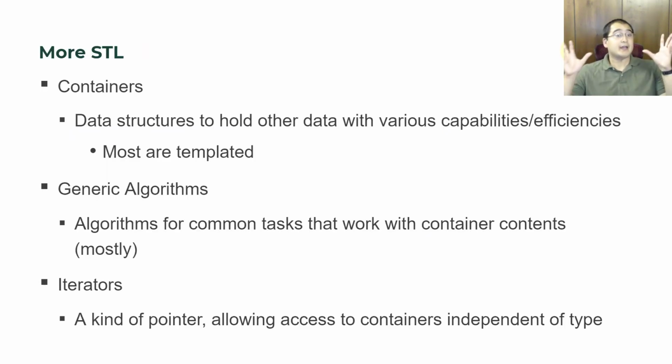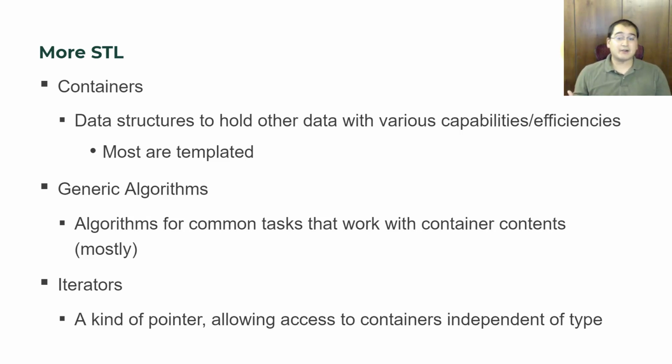So once again, in the STL, there are generally three things here. We have containers which hold other types of data generally. Most of them are called templated, meaning they can hold many different types of things. So you can have a container that can hold strings, or a container that can hold ints, or a container that can hold cars.